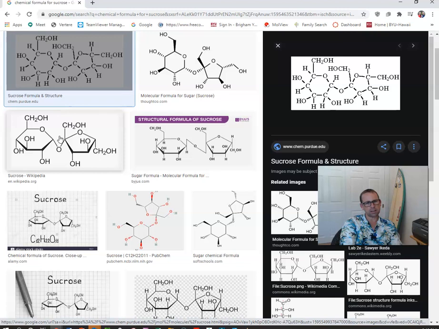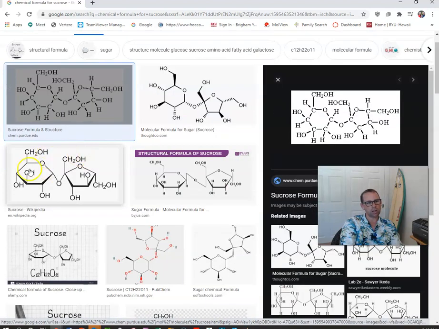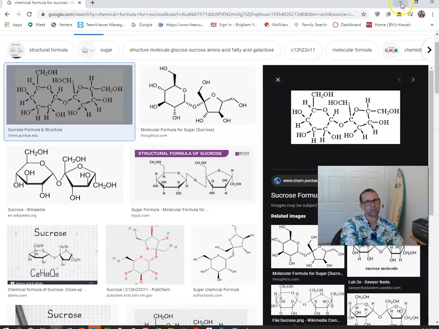Both glucose and fructose have the same chemical formula C6H12O6. But when they bind together, they lose a water molecule, an oxygen and two hydrogens, and that's why we get a change in the formula. Okay, that's a good question.